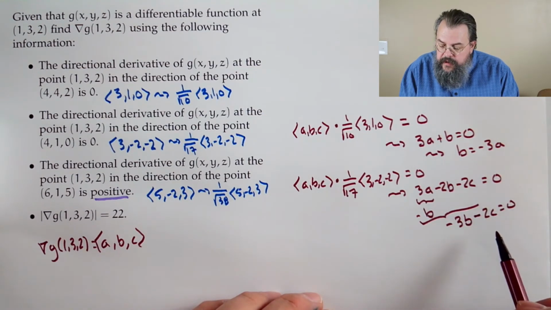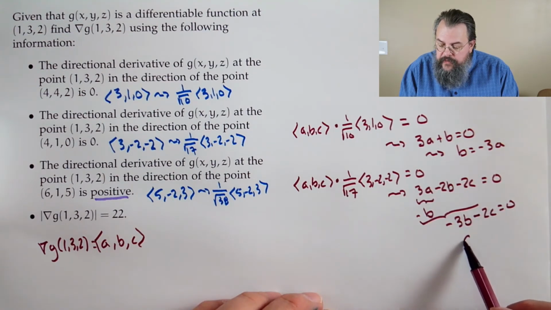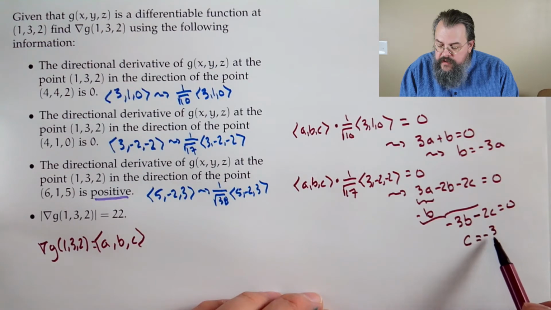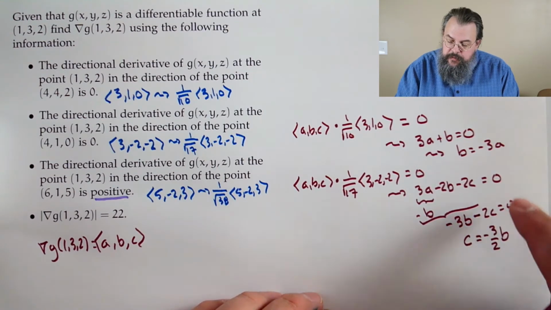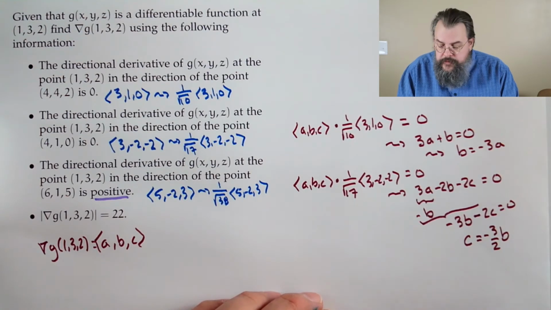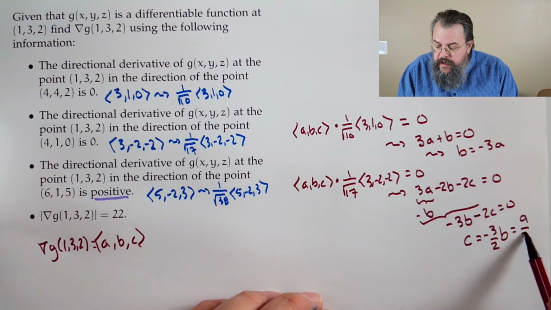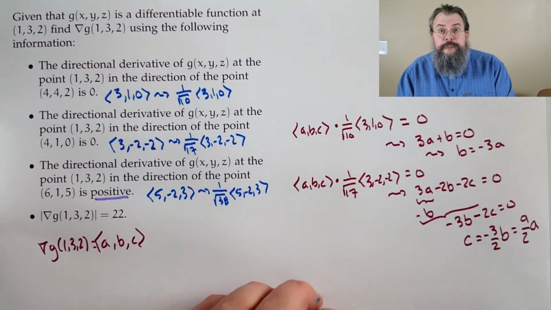Or what can that say? Well, if I add 2c and divide by 2, c equals minus 3 halves times b. Of course, b is minus 3a. So that would say this is the same as 9 halves times a.